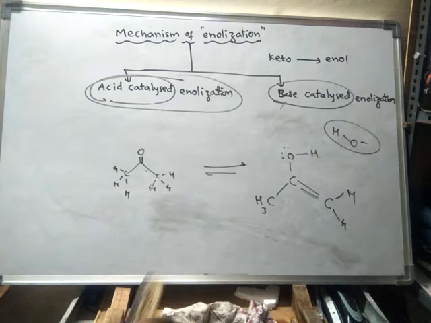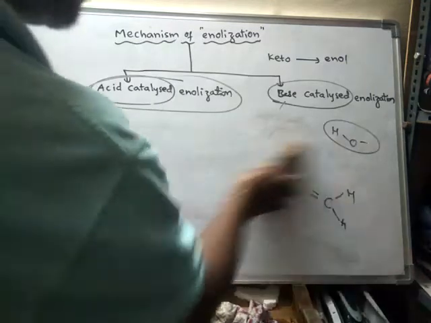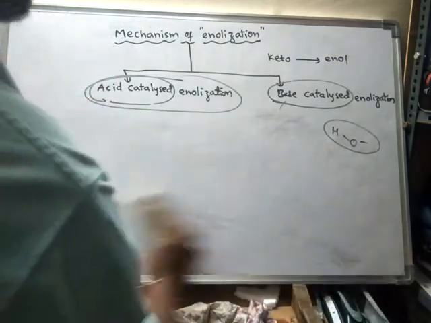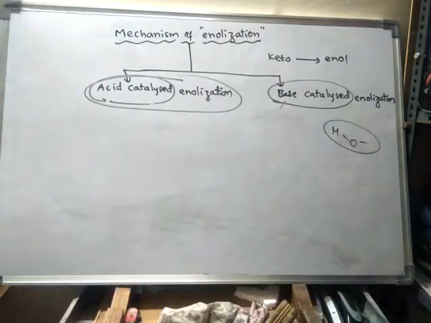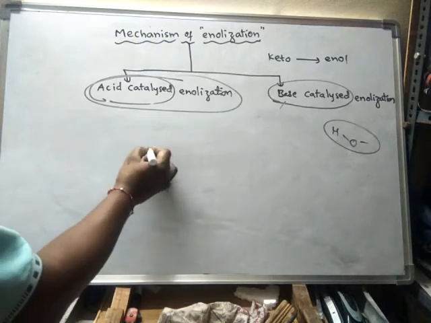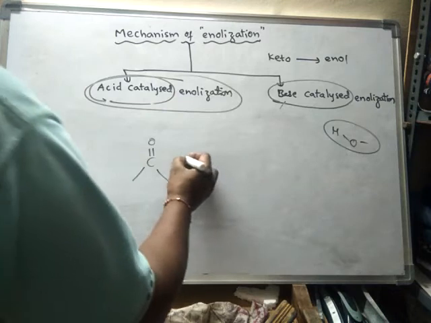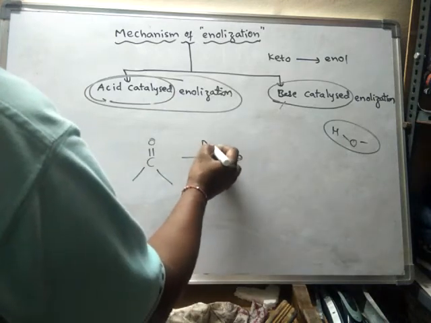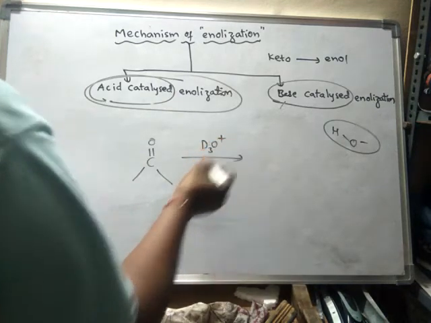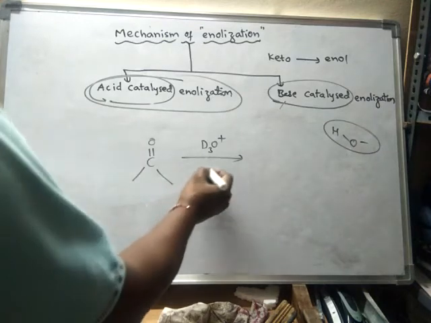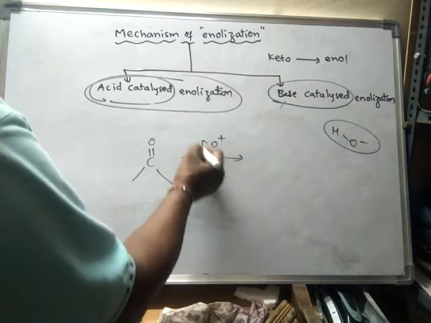Okay, suppose if it is given like this, acetone, D3O plus. D3O plus means it is acid.